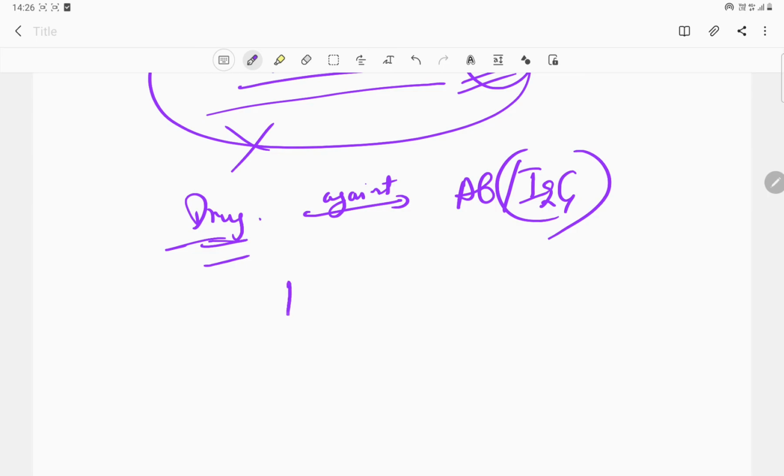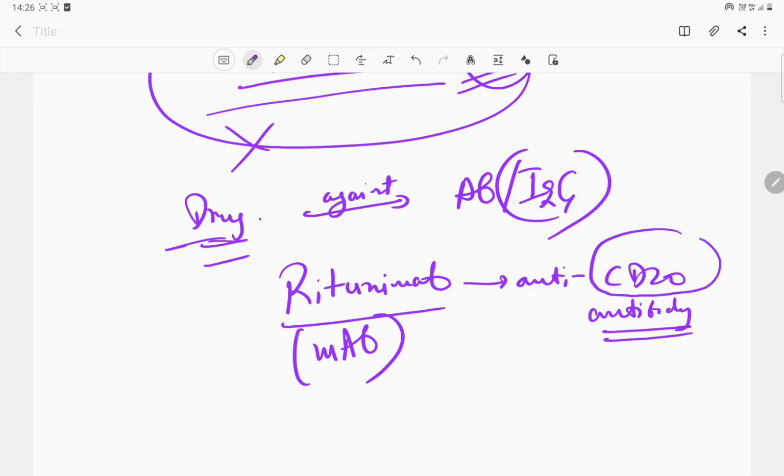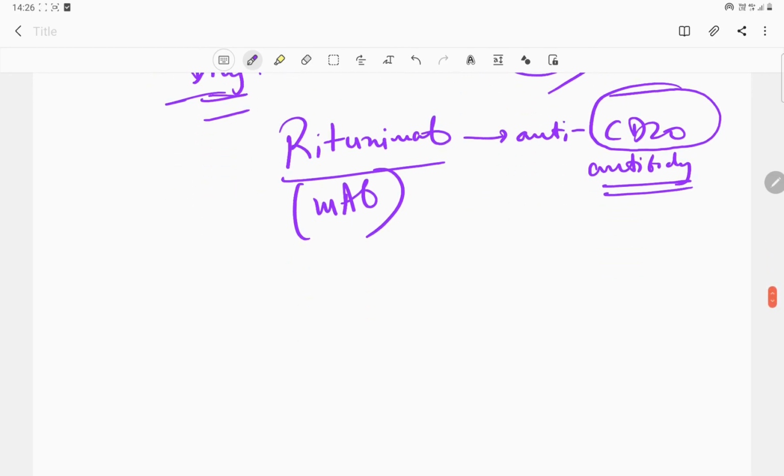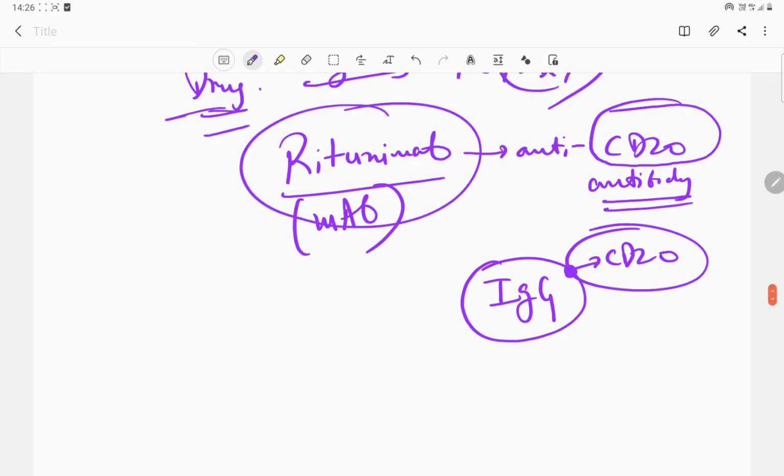The drug used here is rituximab. It is an anti-CD20 antibody, a monoclonal antibody. It acts against the CD20 protein. What is the CD20 protein? This is a protein found in the IgG molecule, and rituximab works against it and destroys the CD20 molecule.